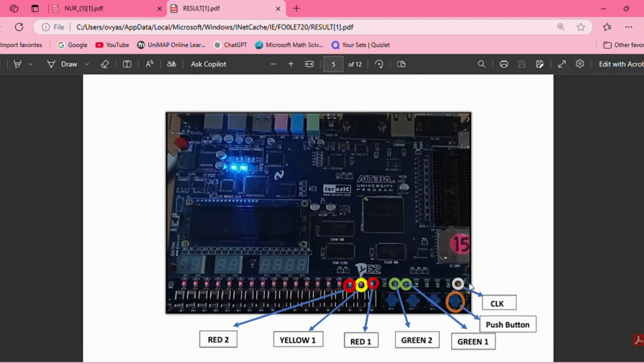First of all, this is our clock. We used a clock output so that we know that our clock is functioning well. And then this is green 1 for vehicle, green 2 is for walk, red 1 is for vehicle, yellow 1 is for vehicle also, and red 2 is for walking path.